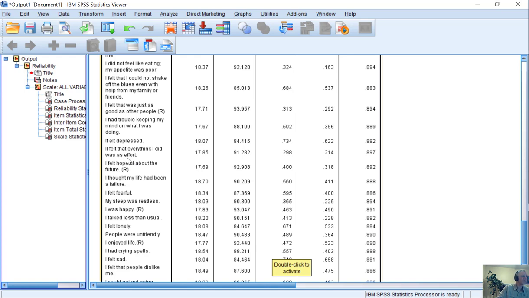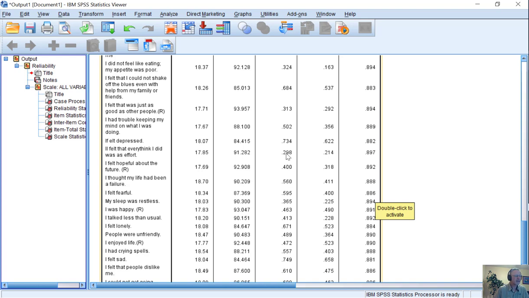Where's our poorest item? Maybe the poorest item is I felt that everything I did was an effort. I'm sure in the original data set that was inputted correctly, but in putting these in for use so that you could see them, I think there were some mistakes in terms of how these were written. The real item was I felt that everything I did was an effort.